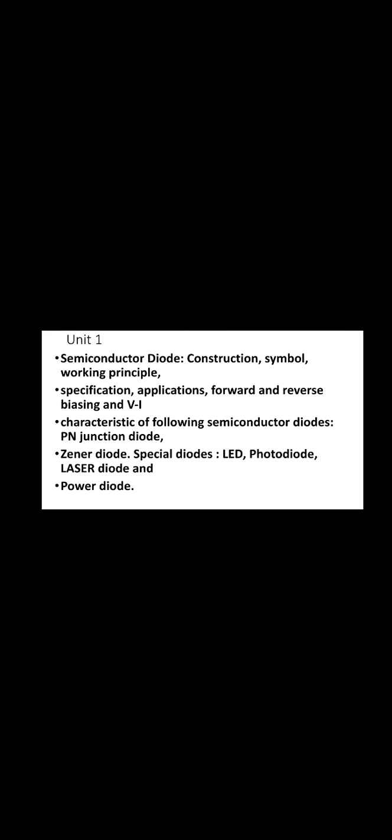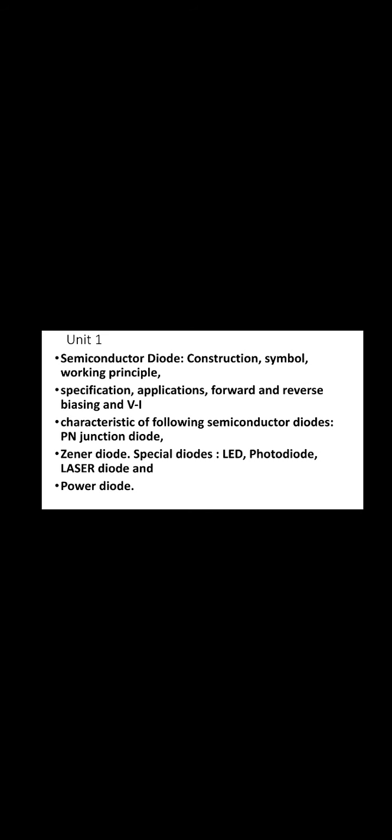Okay, the next one we will go to is the unit one syllabus. The name of unit one is Semiconductor Diode. What is a semiconductor? It is a mixing of conductors and insulators. By using semiconductors we design diodes, resistors, capacitors, and multiple applications like LED, photodiode, laser diode, power diodes.